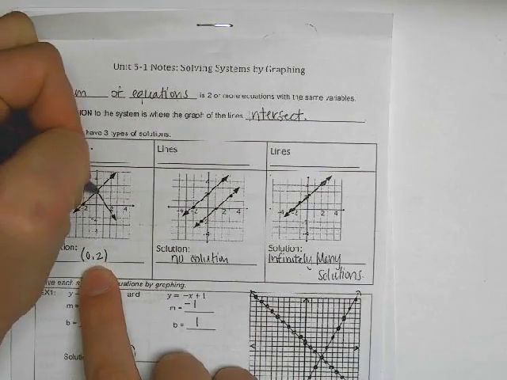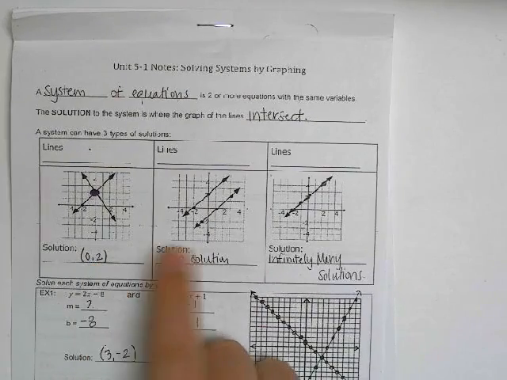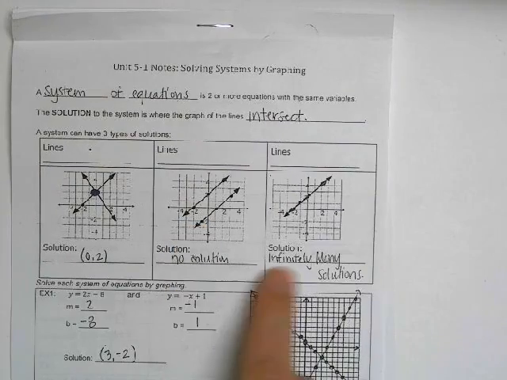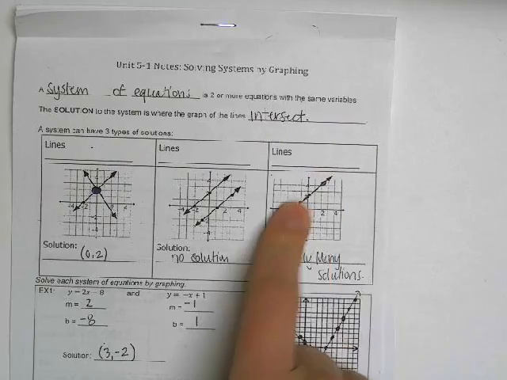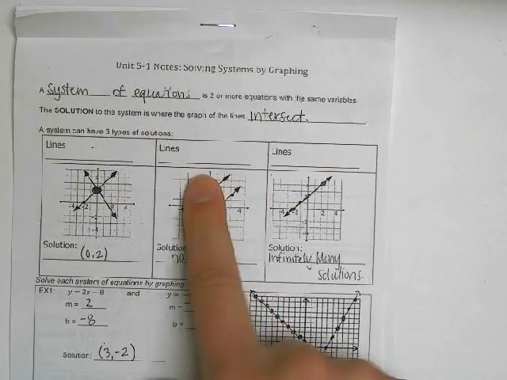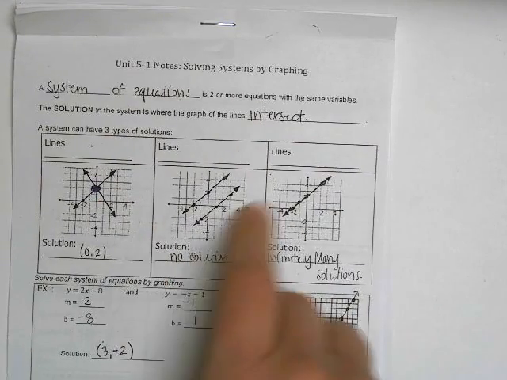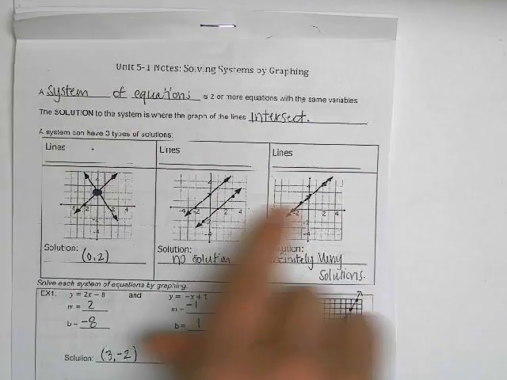So this is one solution, one way to write your solution in ordered pair. You could have no solution if they're parallel lines. You could have IMS, infinitely many solutions, if they're the exact same line. When we had equations, these were the types of solutions that you could have, just lines.